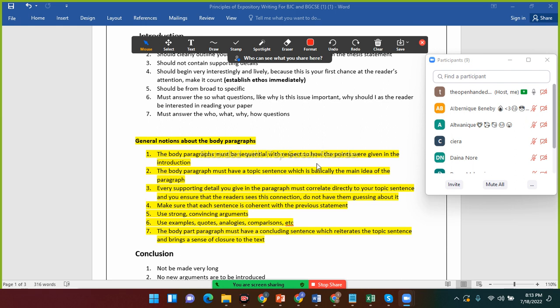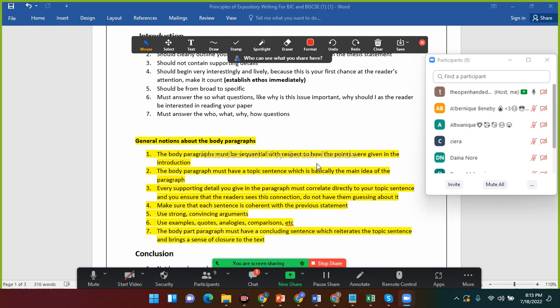So what that means is that every single thing that you say in your body paragraph must correspond to what you said in the topic sentence. It reminds me of this paragraph I had y'all write, right? And the paragraph was on my summer vacation in the Bahamas or something like that.